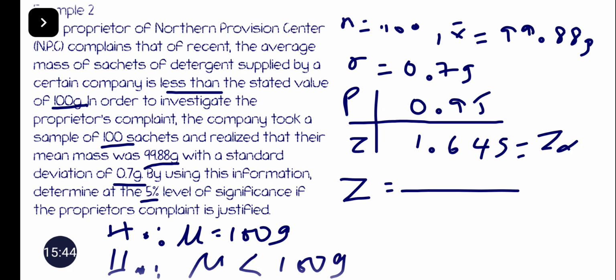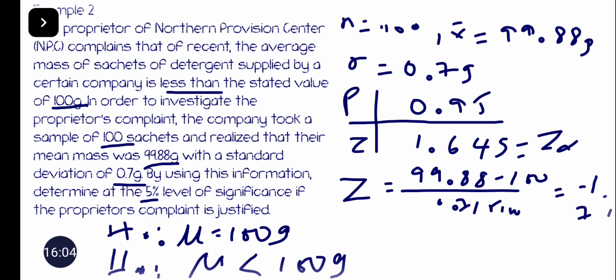Okay, let's calculate our z. Our z is 99.88 minus 100 divided by 0.7 over square root of 100. When you evaluate that, it gives us negative 1.71. That's our z value, since it was to the left.